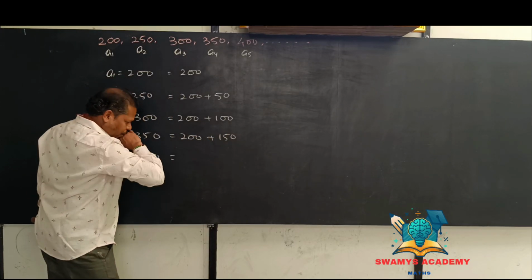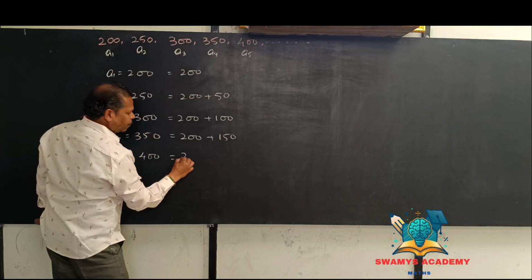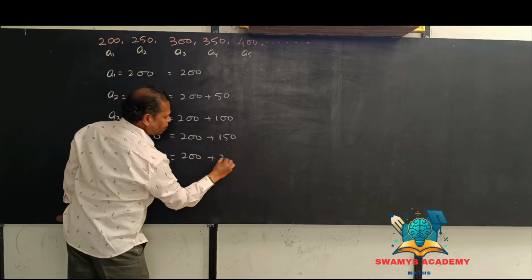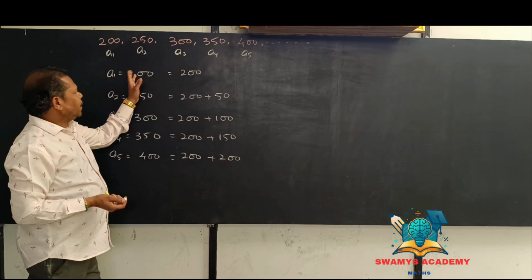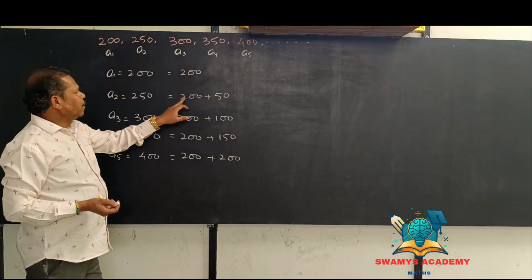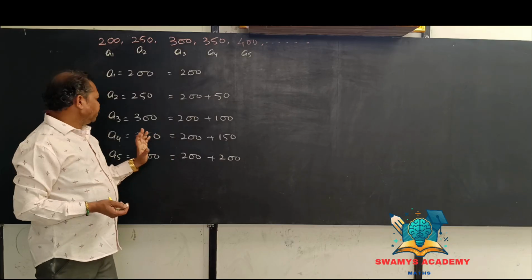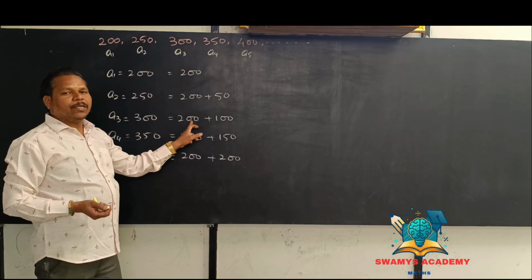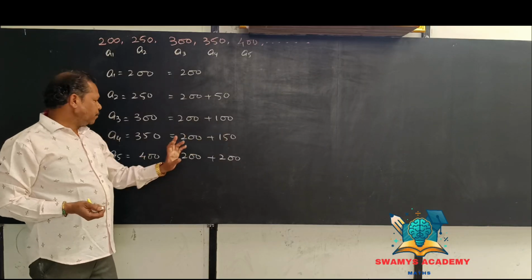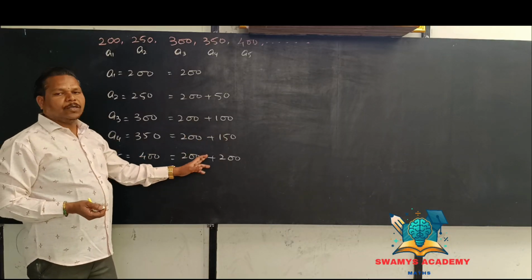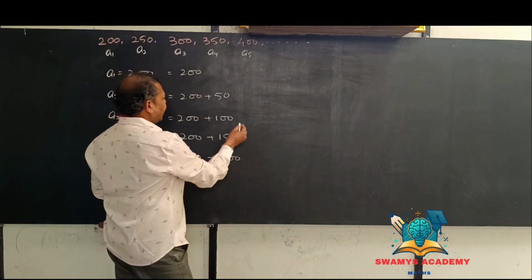And 400, you can write 200 plus 200. So once again, 200 as it is, 250 is 200 plus 50, 300 is 200 plus 100, 350 is 200 plus 150, 400 is 200 plus 200.